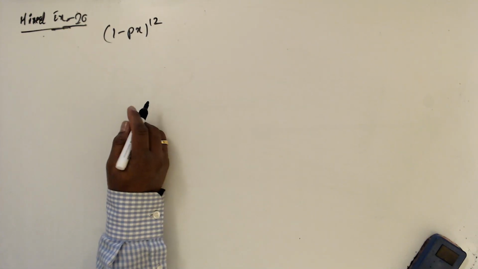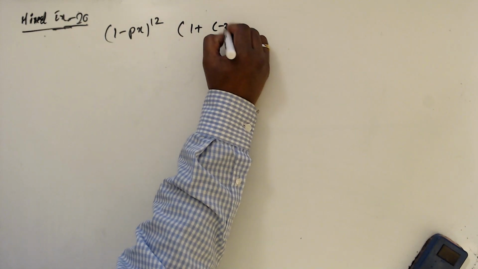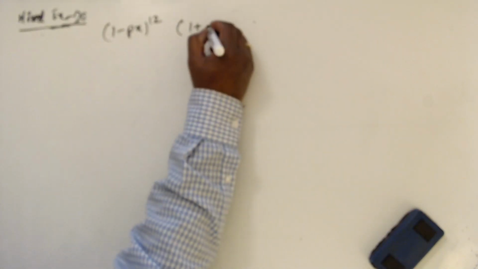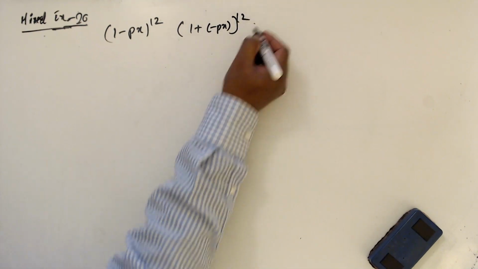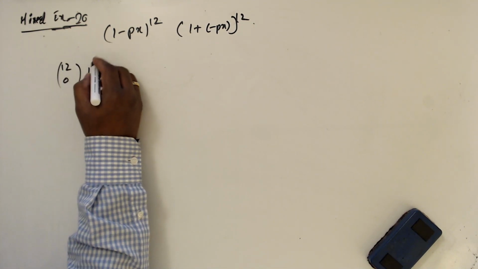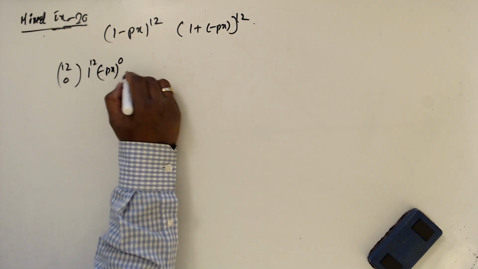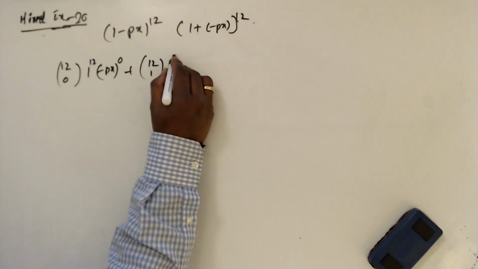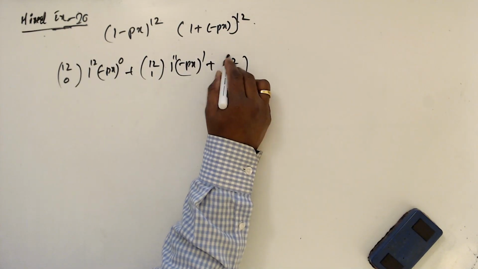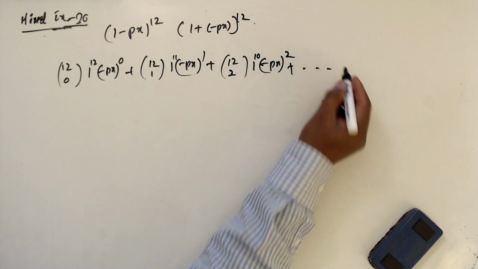1 minus px to the power 12. First three terms we want to write. So first of all we'll write the proper form. 12C0 1^12 minus px 0, plus 12C1 1^11 minus px 1, and 12C2 1^10 minus px square plus dot dot.